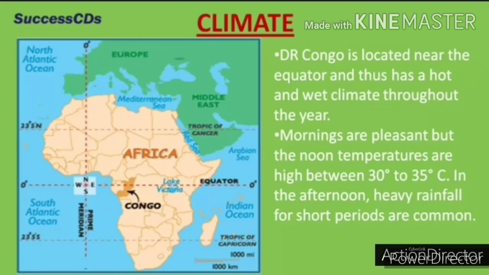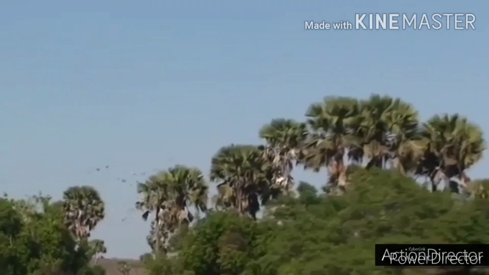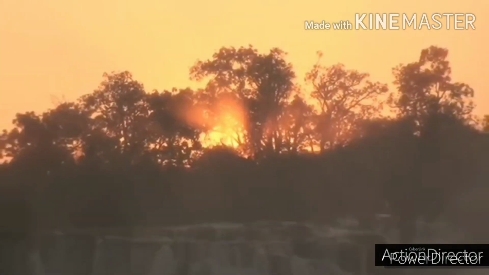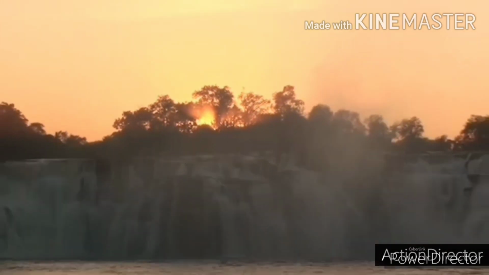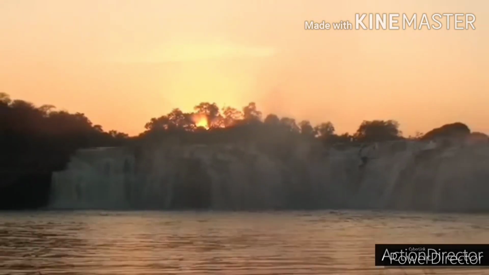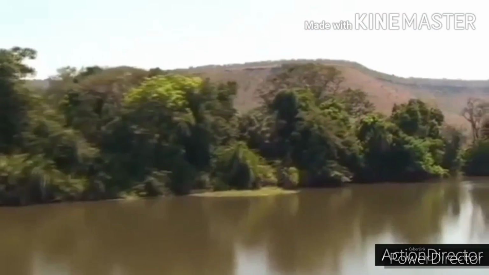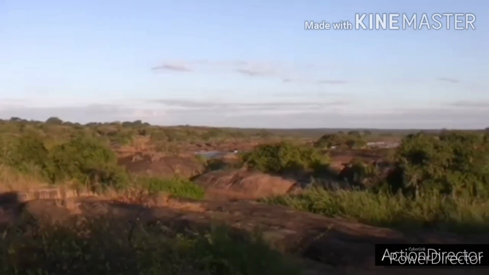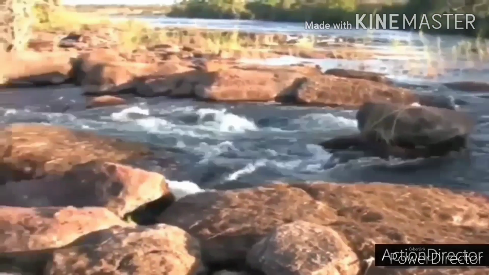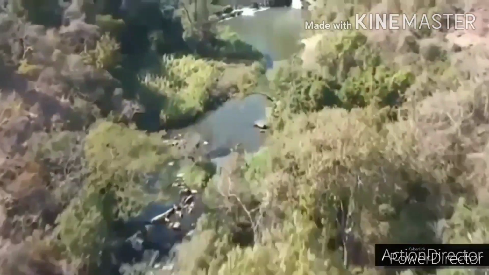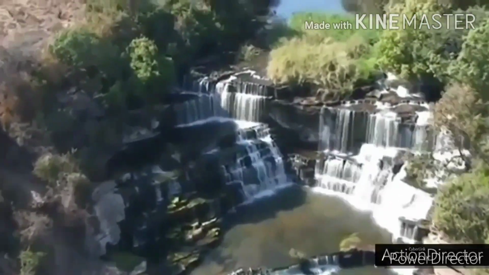It rains more than 8 months in a year, and the sun usually shines brightly in between. This ideal climatic condition promotes the growth and beauty of the Congo rainforest.